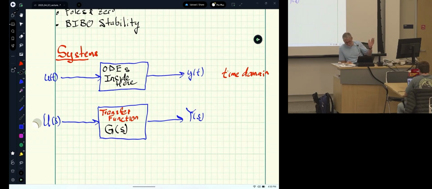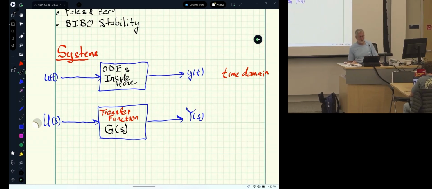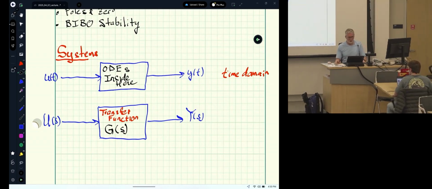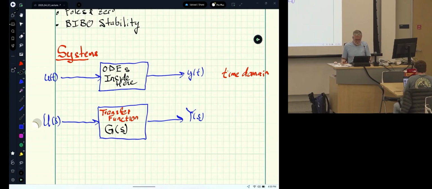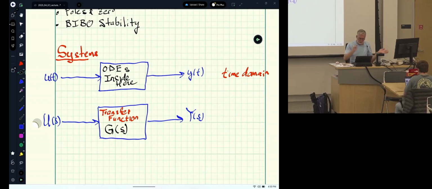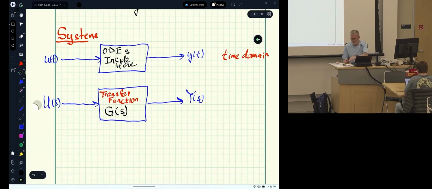And G is not for Grizzle, okay? It's just what's standard used in the field. G of s and H of s, okay? So it's going to be some function of s. So you have ODEs that take inputs and transform them to outputs. In the frequency domain, that ODE is going to be replaced with a function of s.